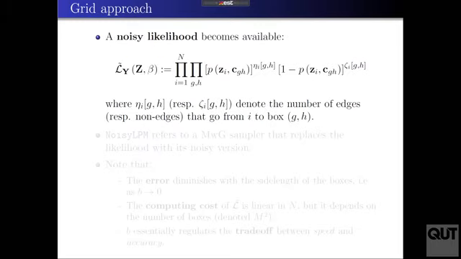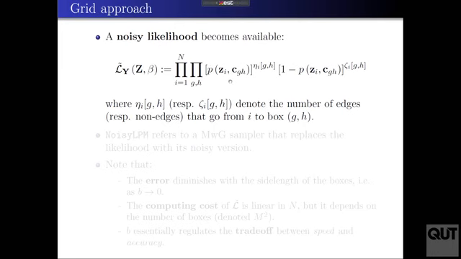So again, this will imply, in turn, an approximation on the likelihood. We had our likelihood before; it was a product of O of n squared terms. Now we have a new likelihood, a noisy version of that likelihood, where we substitute all the edge probabilities with the approximate ones.